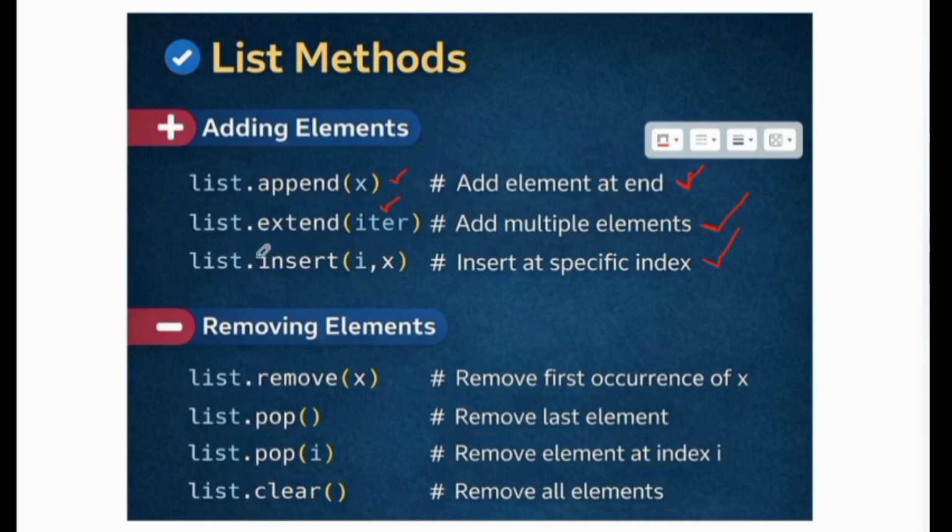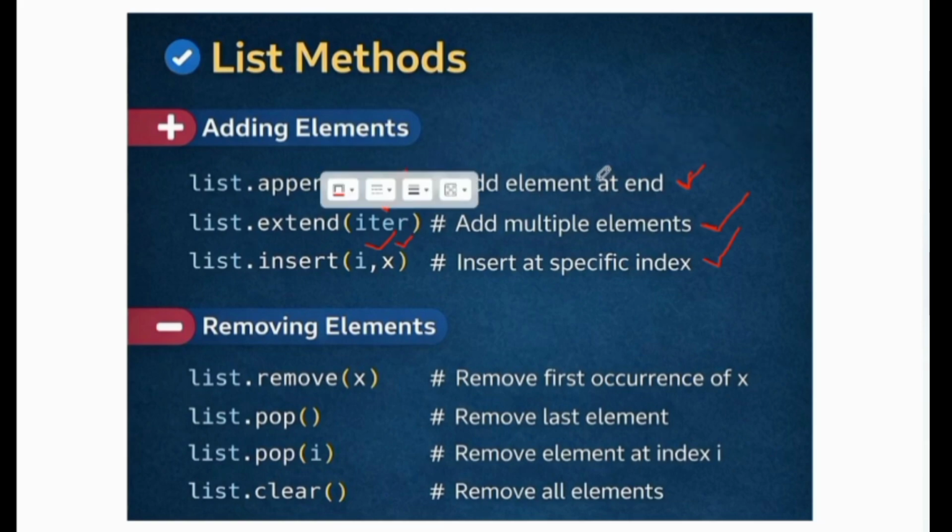Look at the syntax, list.insert(i, x), where i stands for index and x stands for the element. Here element x can be of any data type, that is primitive or non-primitive. This insert method also can add only one element at a time.